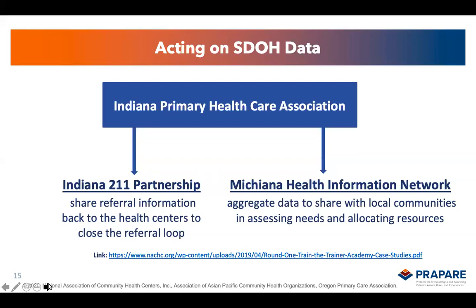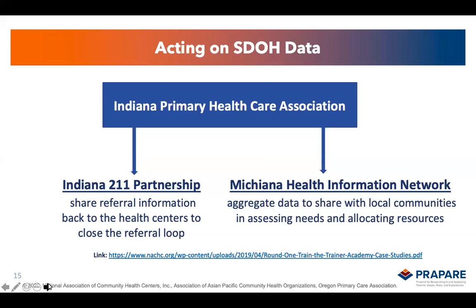The Indiana Primary Healthcare Association formed two partnerships, one with Indiana 211, where they were able to create a referral sharing system, if you will, of creating the referrals, having the health centers refer out, and then closing those referrals for our patients.